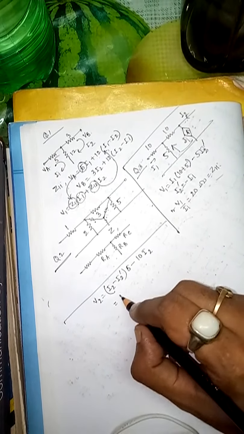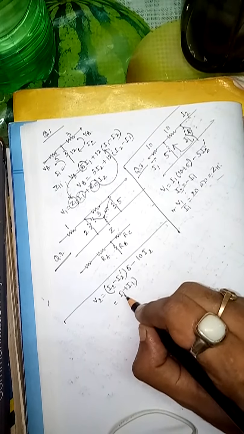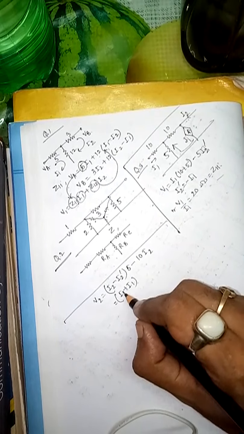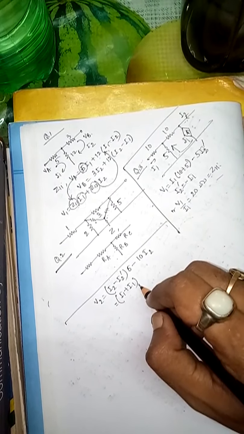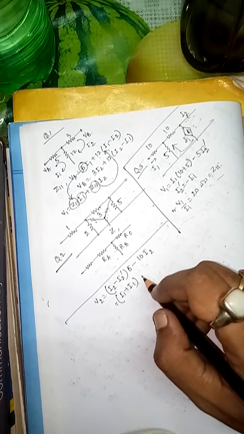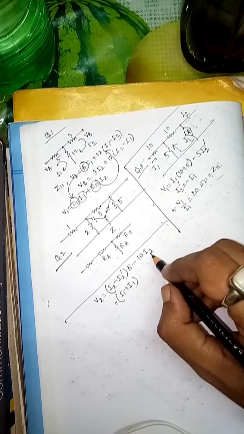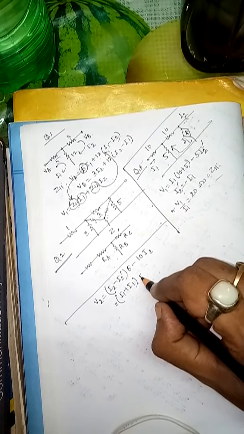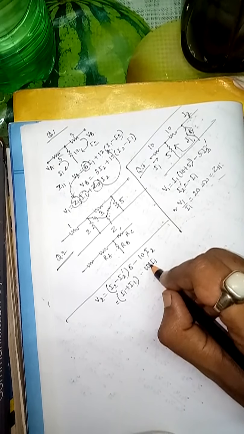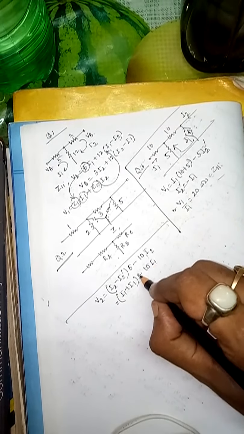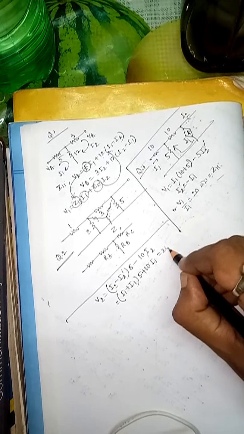So finally I can write I1 plus I1. This is I2, so it is 10 I1 for this, and this is 5, so here it is plus, so it is 20 I1.